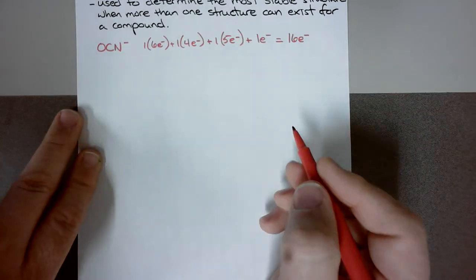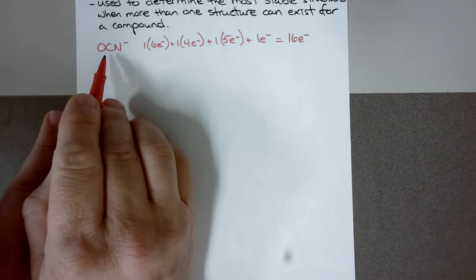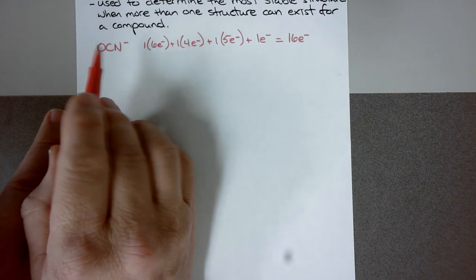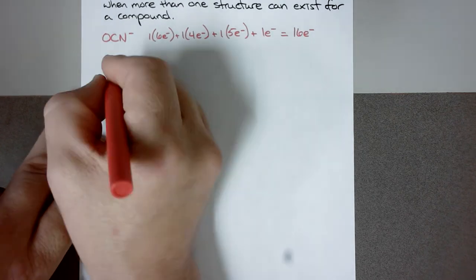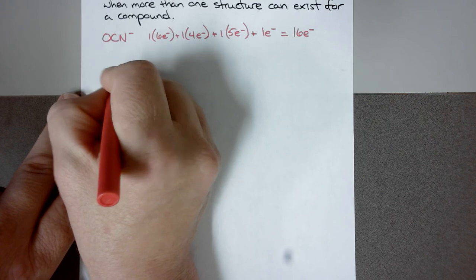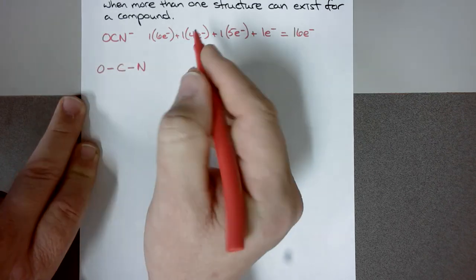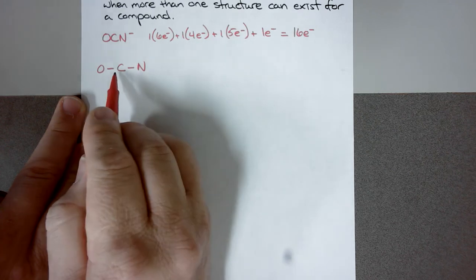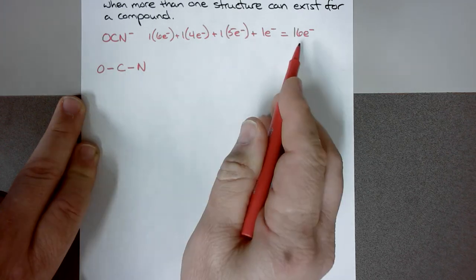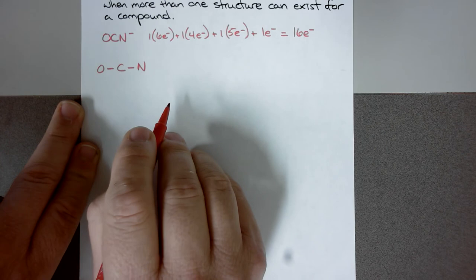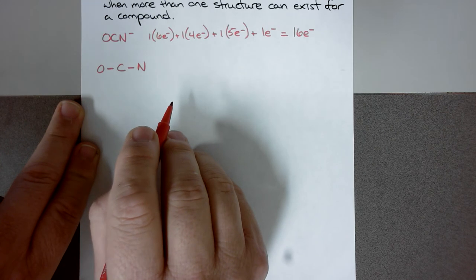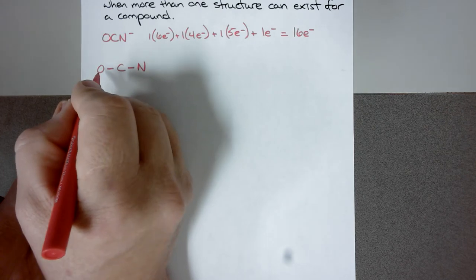Okay, so now carbon is the least electronegative, so it will go towards the center. And so we have a carbon, a nitrogen, and an oxygen. We've used 4 of the 16. So I start putting electrons around the compound, specifically starting with the most electronegative.